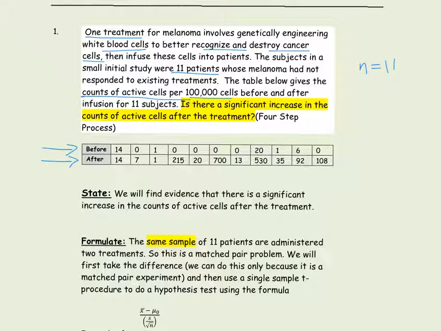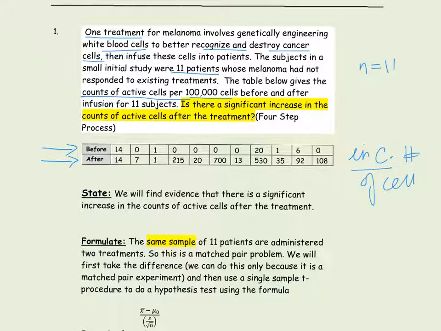So what we're trying to prove is that the treatment is effective in increasing the number of active cells. So does the treatment increase the number of active cells? That's the question we're trying to answer.